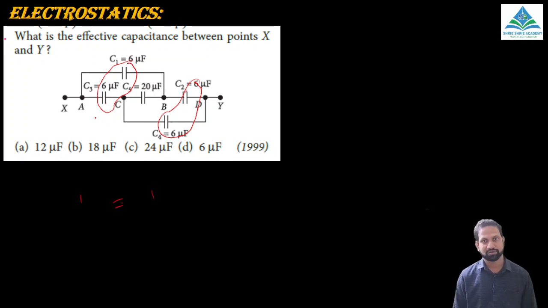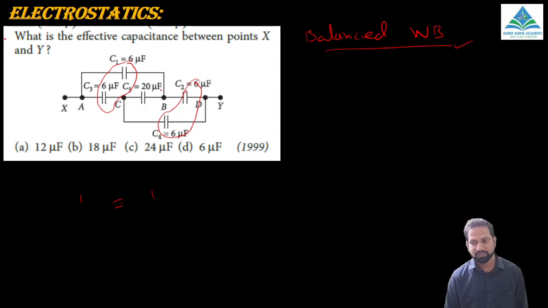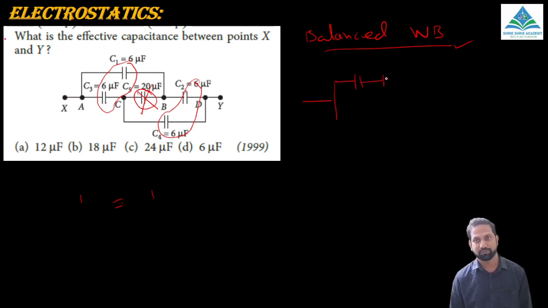So the ratios are equal. Whenever the bridge is balanced, you all know that the middle capacitor, or it can be a resistor also, can be ignored. Then the effective circuit diagram becomes this way.